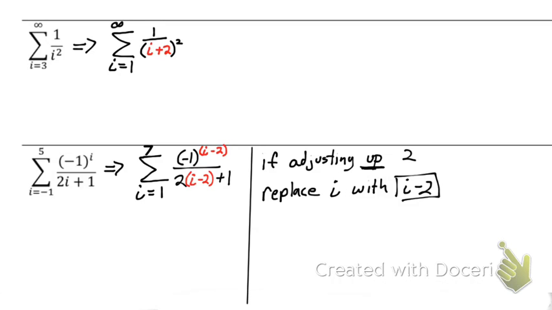So just remember to keep it balanced. What I do here, I have to do the opposite here. If I'm subtracting 2 from my I, I have to add 2 back in. If I'm adding 2 to my I, I'm going to subtract 2 from my I. And don't forget about your endpoint. It's the easiest thing to forget about. So if I adjust up here, I have to adjust up here as well.